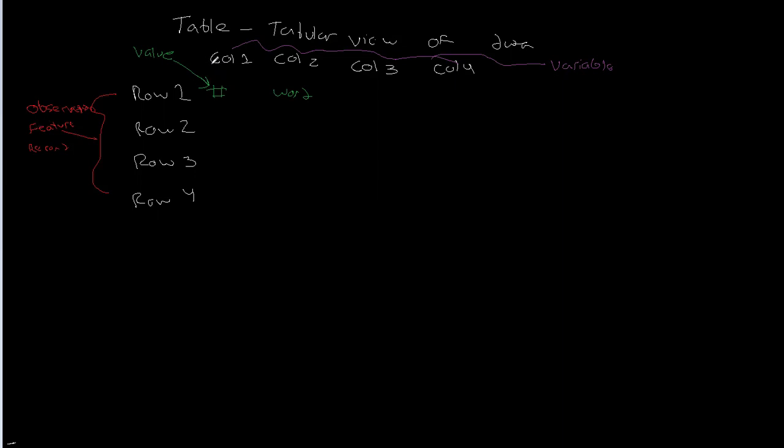So again, if we were to think of column 1 as population and each row as a county, the value for row 1, column 1, where they intersect, is going to be the population for that county. Hopefully that makes sense. Again, rows in the tabular view are observations or features or records. You'll see those terms used interchangeably. And then columns typically are variables. These are the information or the data.